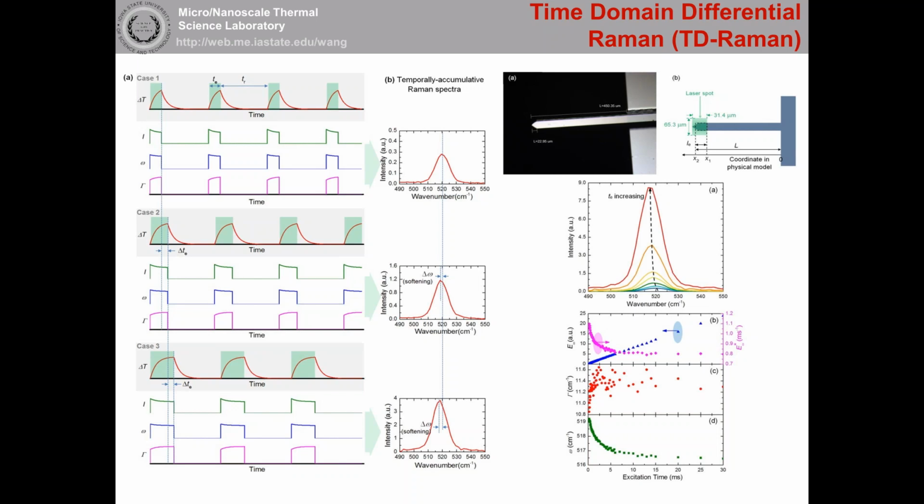We can determine a lot of properties, even the electron diffusion, which people could never do before using the optical method. So my point is, even though traditionally the Raman spectrometer is for structure analysis, it can really be used for other things: temperature, optical field, the feature size of the structure, and even the electron diffusion.